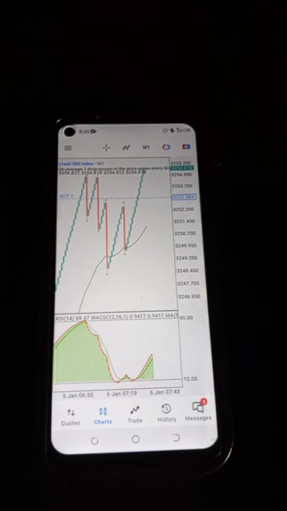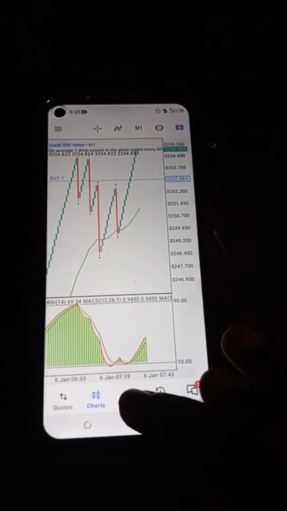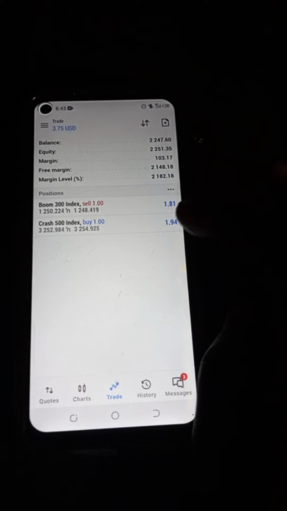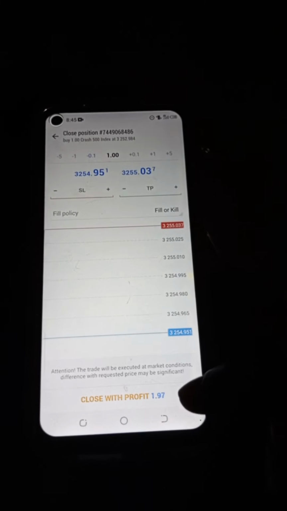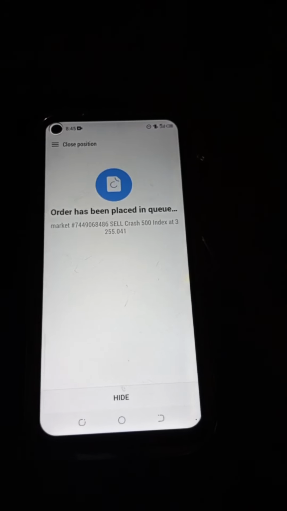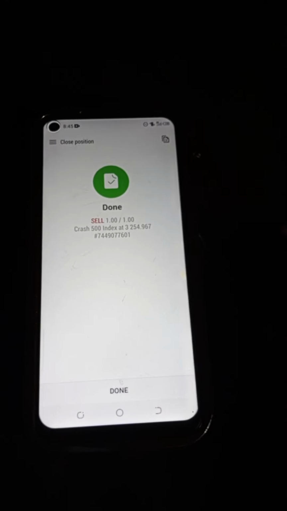Yes, guys, we have gotten our 5 candlesticks. Let's check what our 5 candlesticks is giving us. Guys, can you see it? Then you take this and you wait for another opportunity, guys. Don't be greedy. Take what it gives to you and you leave the market.